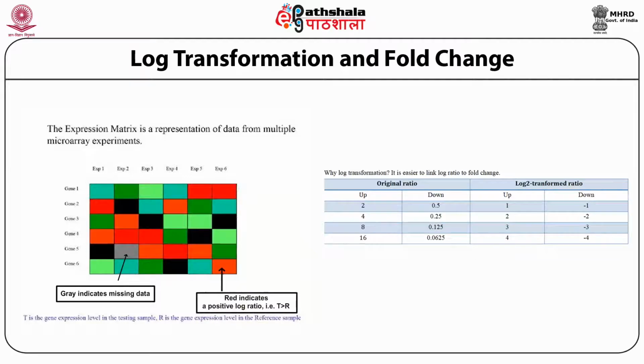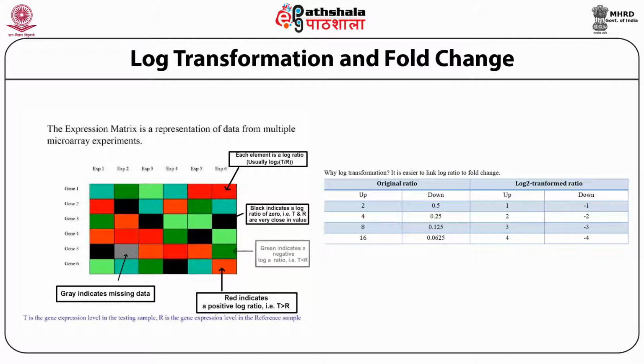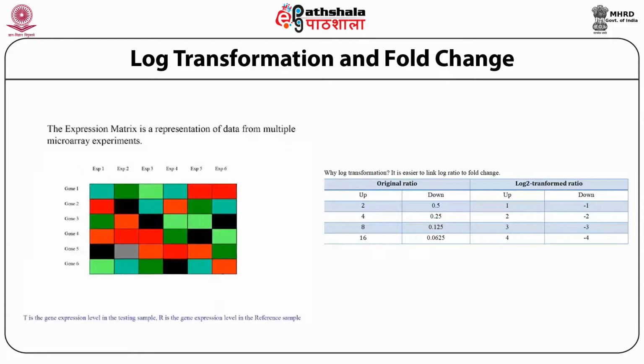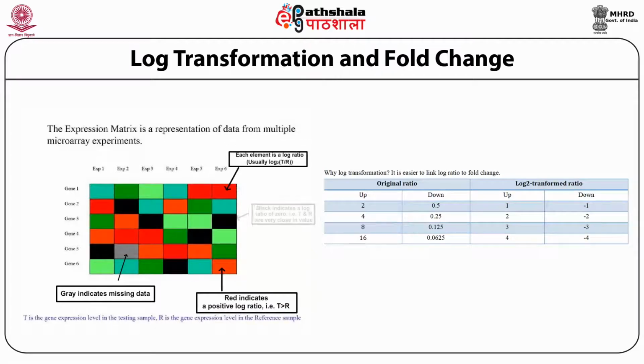So 2 becomes 1, 4 becomes 2 for the upregulated ones, but see the dramatic difference once we do the log2 fold transformation of the downregulated genes. It shows real values like -1, -2, -3, -4, and so forth. So now it is very easy for us to interpret. A 1-fold upregulation, or a downregulation which is -1, and a 2-fold upregulation, then a -2-fold downregulation.